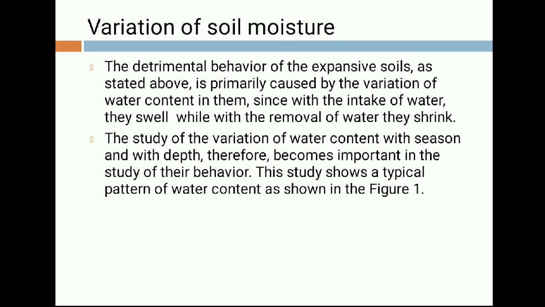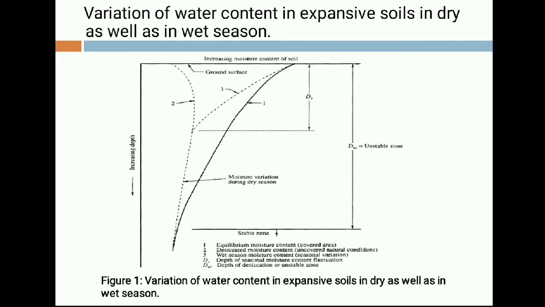The study of the variation of water content with season and with depth therefore becomes important in the study of their behavior. This study shows a typical pattern of water content as shown in figure 1. So this is the figure which shows you the variation of water content in case of summer season or monsoon season, and what is the general water content in case of any kind of soil.